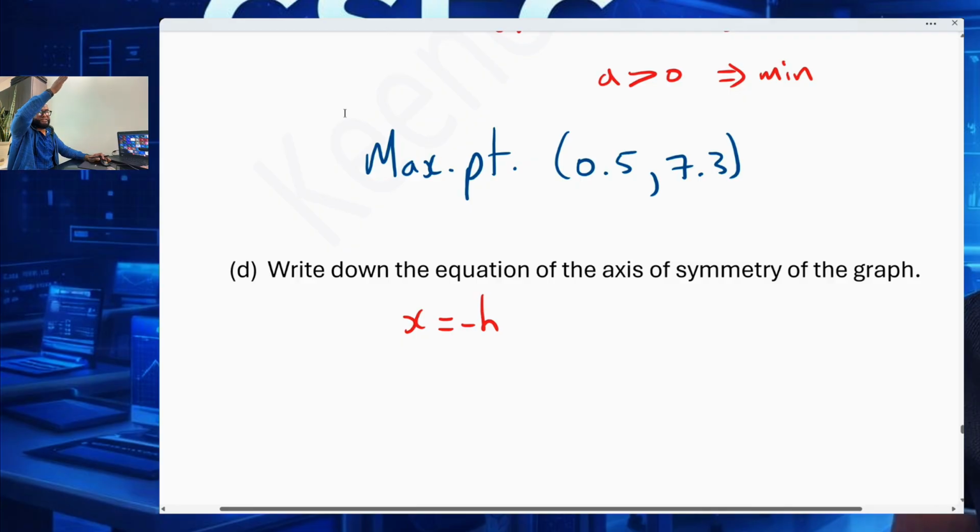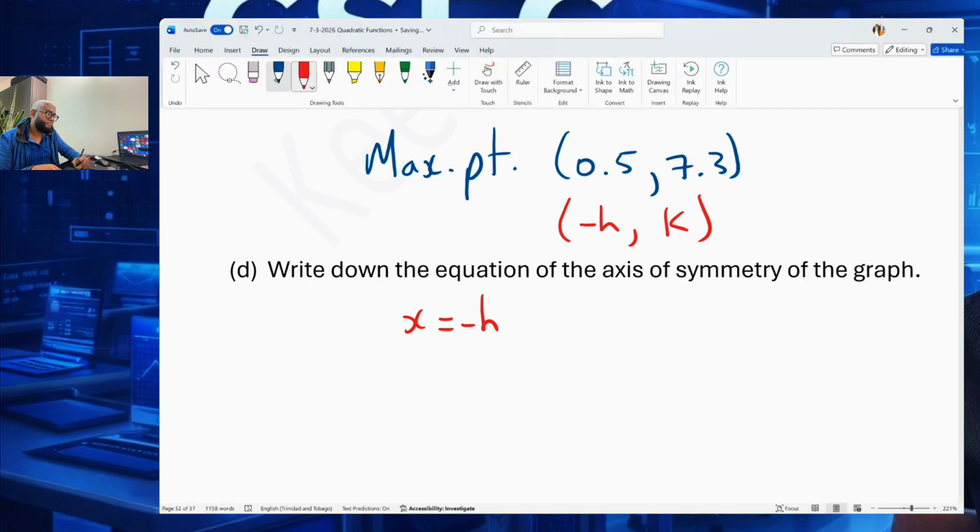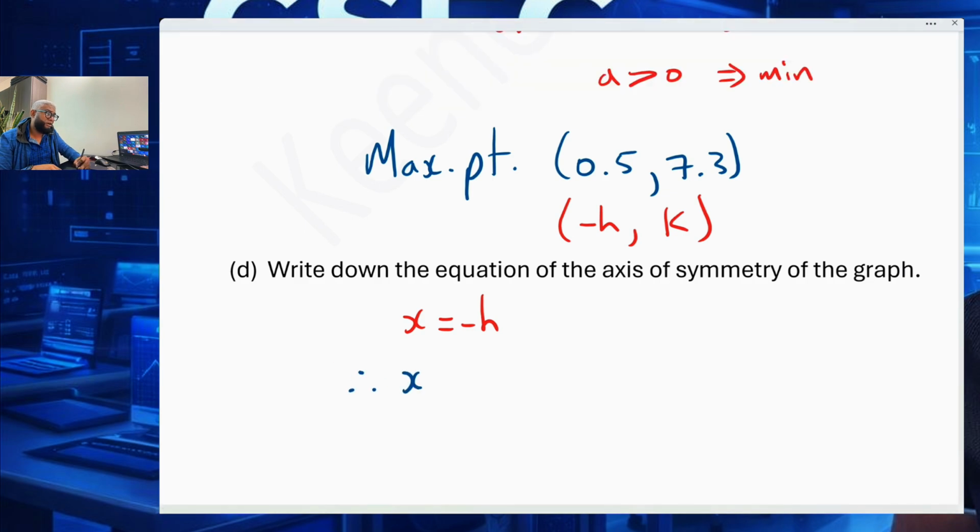But you can work it out to know. The equation of your axis of symmetry is simply a line which comes through the center of your curve and cuts that curve into 2 equal parts, right? So that equation is actually given by x is equal to -h, right? But the coordinates of your maximum or minimum point would be given by -h comma k. You remember that? So you don't even have to look at the graph. -h is 0.5. So therefore, this axis of symmetry would be x is equal to 0.5.